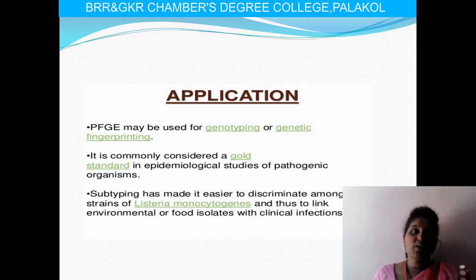The next application is that it is also used for genotyping and genetic fingerprinting. Genotyping means we have to know the genetic character of the substances. Based upon this analysis, we can give the genotype of an organism, and we can use it in genetic fingerprinting.